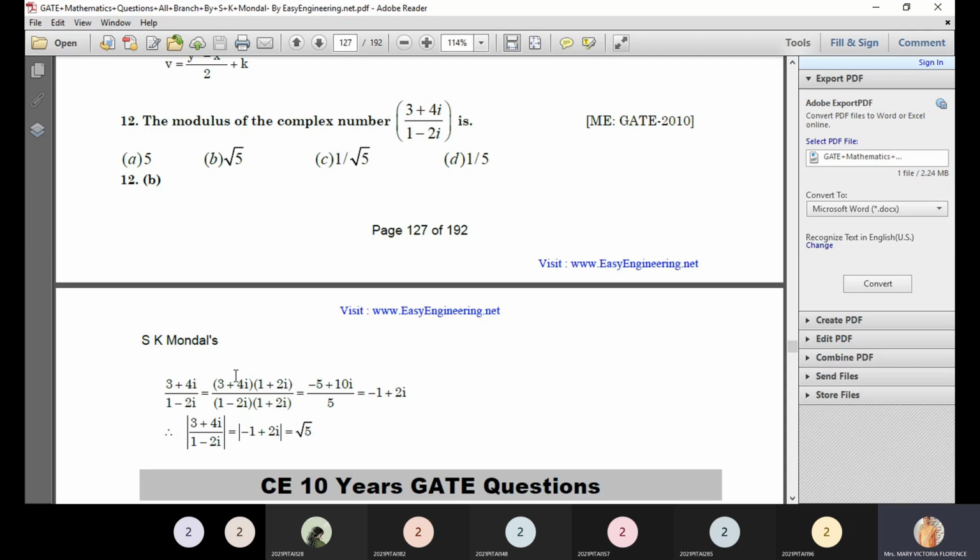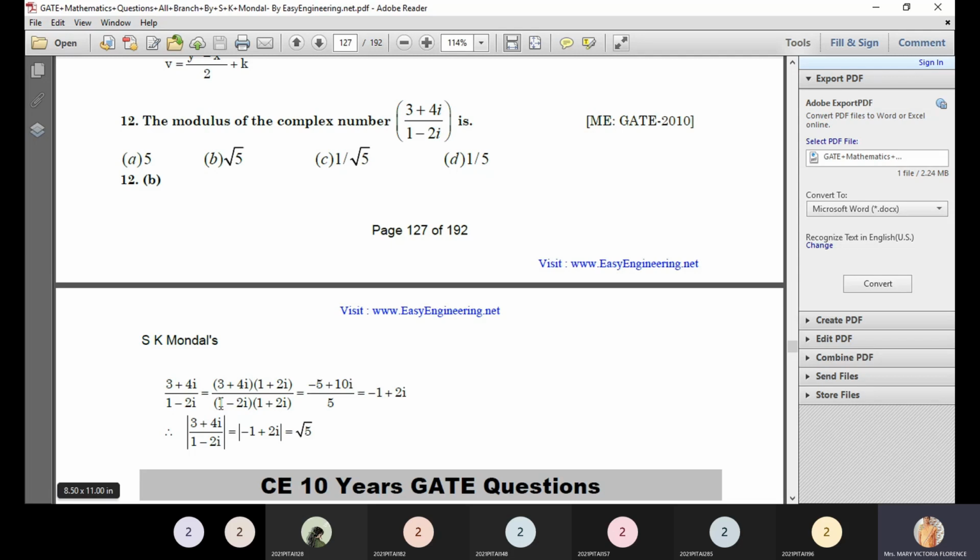Now numerator, first you multiply 3 with 1 plus 2i, we will be getting 3 plus 6i plus 4i plus 8i square. I square is minus 1. So solving we will be getting minus 5 plus 10i.